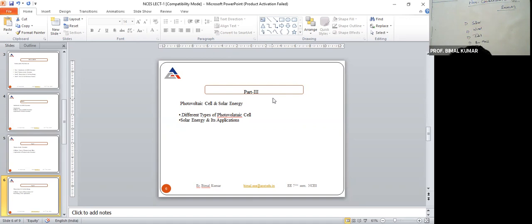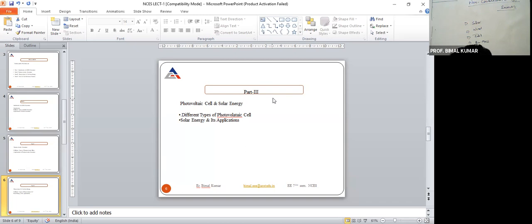But whenever I'm talking about the photovoltaic cell, here that junction will break due to fall of the solar energy on this junction, right? Whenever due to fall of the solar energy, junction will break and diode starts conducting, that type of the cell is known as photovoltaic cell, right?